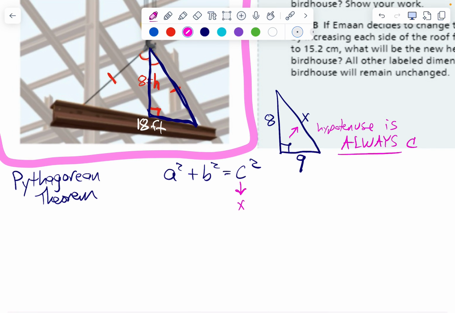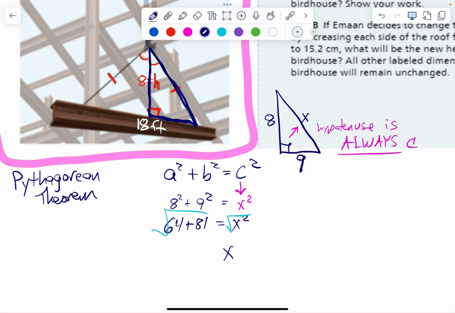So we know this is going to be x squared in this one. And then, like I said, 8 squared plus 9 squared is fine. Okay, 8 squared is 64. 9 squared is 81. And how do we solve for x? Like, how do we get x instead of x squared? Yep, just square root both sides. And in this one, even if it's a decimal, we do want the decimal because we're talking about a real life problem, right?